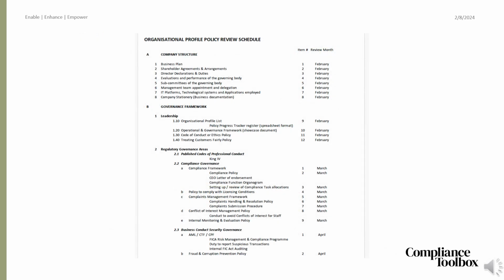As a participating FSP, you have access to our recommended organizational profile document, consisting of a basic company structure and a robust governance framework recommended for FSBs, which you are required to tailor in proportion to the nature, the size, complexity, and risk of your particular FSP.